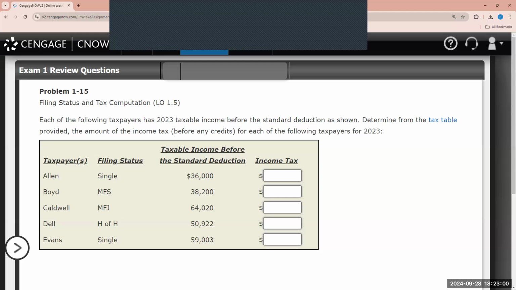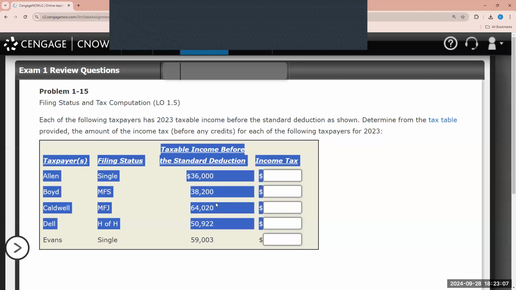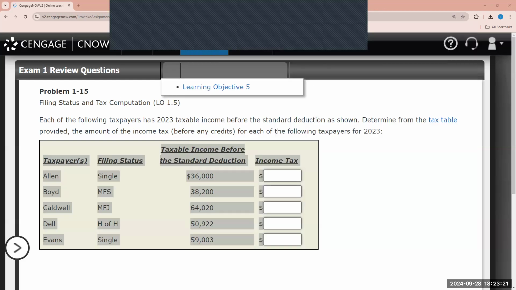So it is very important for us to keep in mind, and we're going to make a spreadsheet with this, what the standard deduction is. It doesn't mention anything about itemized deductions, but here we see taxable income before the standard deduction. What that simply means is that before we can get to determining the taxable income, we first need to subtract the standard deduction.